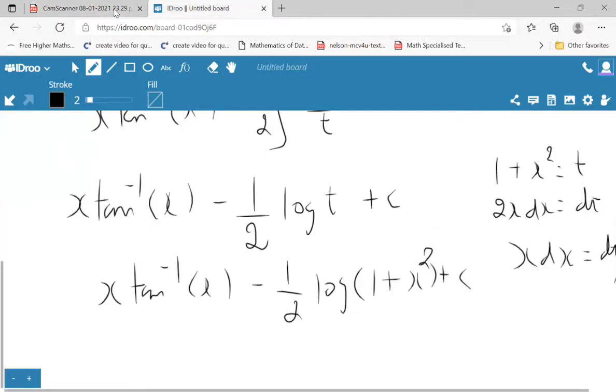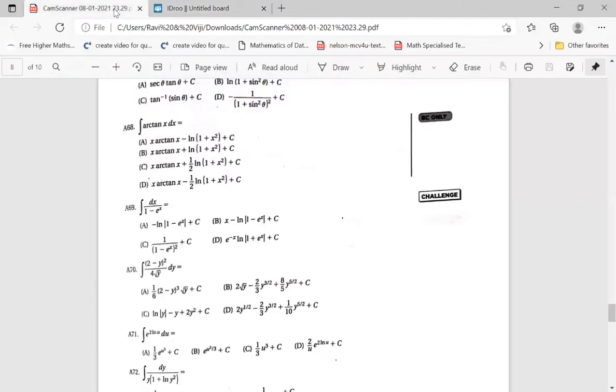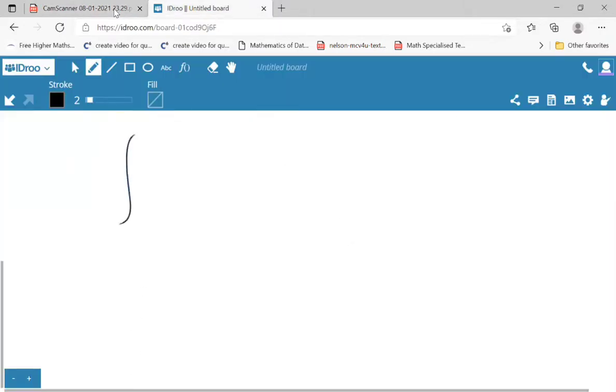Next, going to the 69th one. Integration of dx by 1 minus e to the power of x.